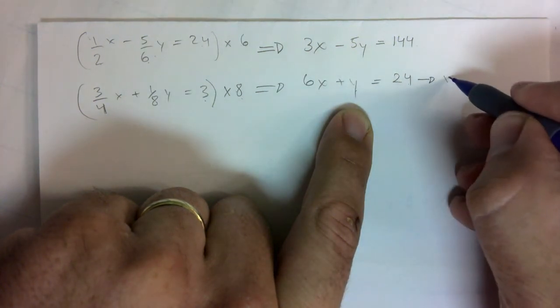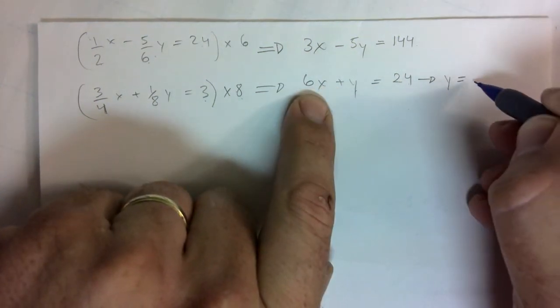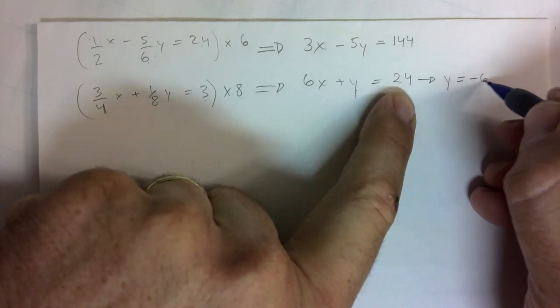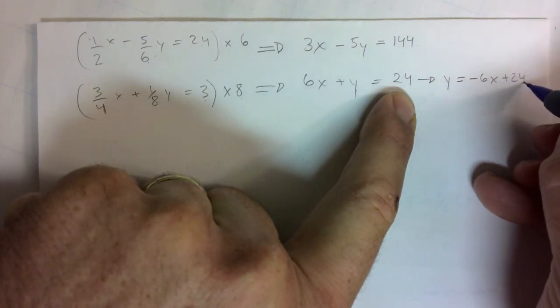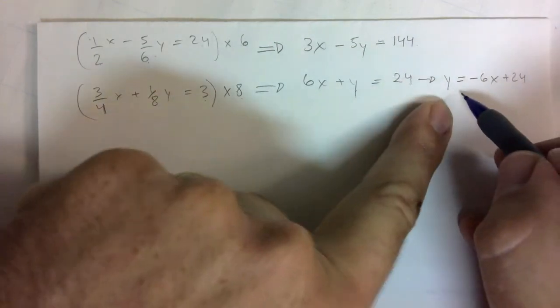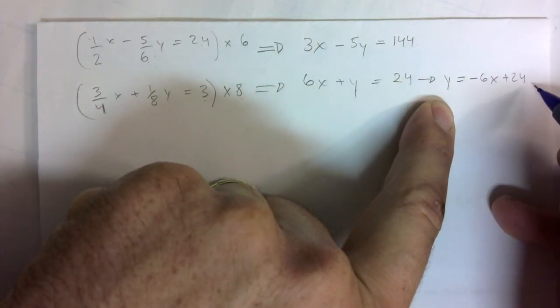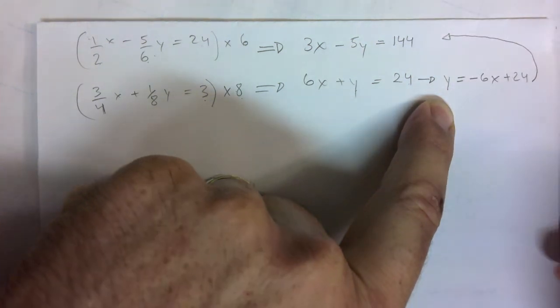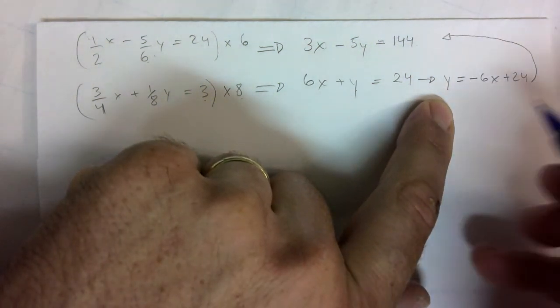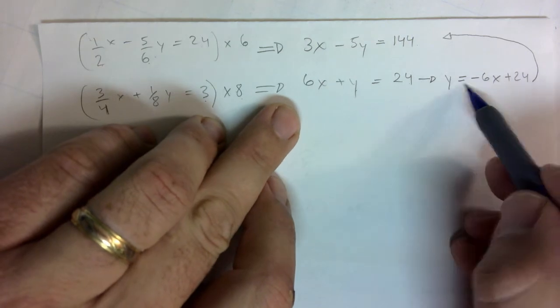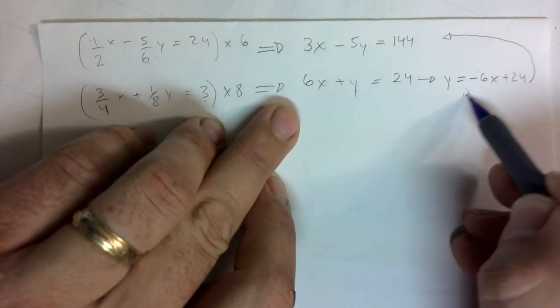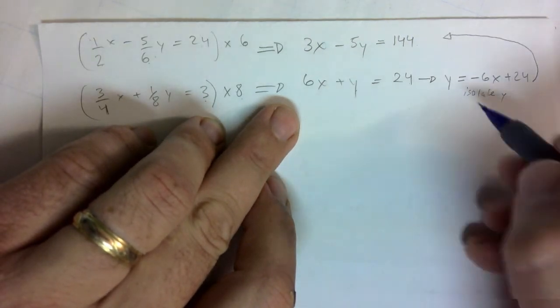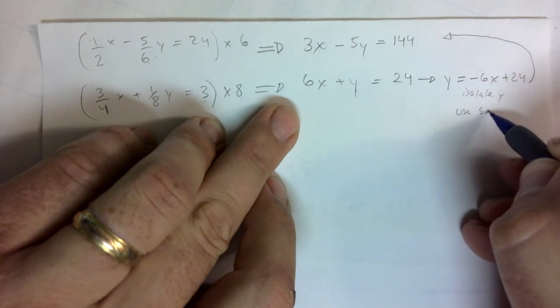So I can just say, hey, y is equal to 6 comes over, that's negative 6x, and the 24 is already there. So I've rewritten this equation to that. I'm going to plug this into the first one. Arrows, I love arrows, right? They kind of tell a story, right? So you isolate it, use substitution method.